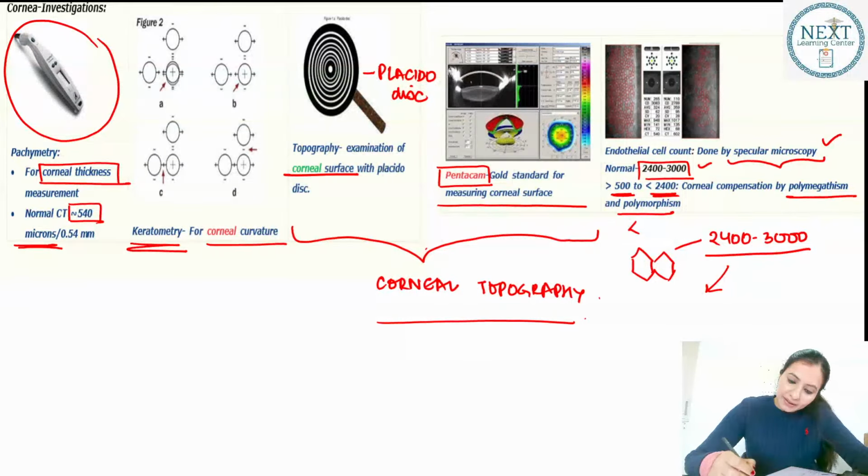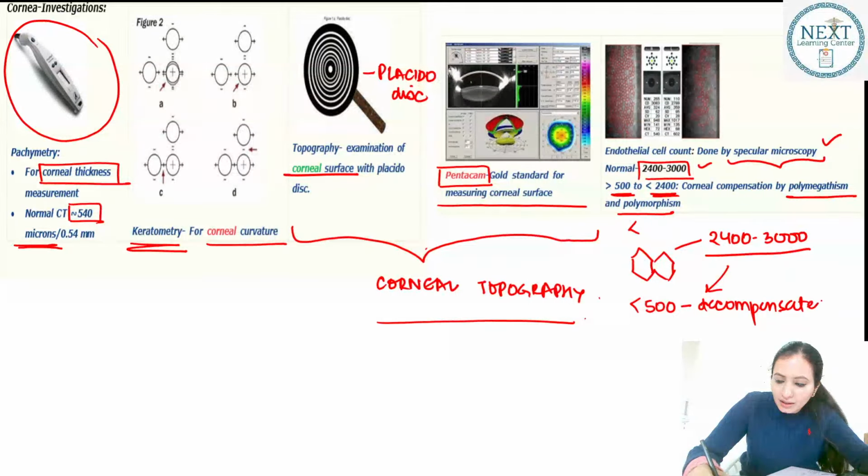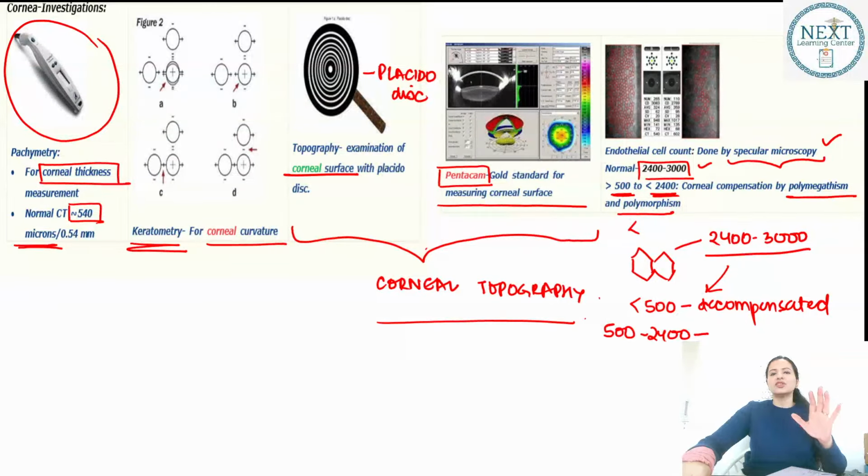But if this cell count decreases to less than 500, that means the cornea has already decompensated. But if the cell count is between 500 to 2400, that means there is a chance that the cornea will compensate. Now, how will this cornea compensate? By undergoing polymegathism, which means bigger cells, and pleomorphism, which means shape change. Okay.